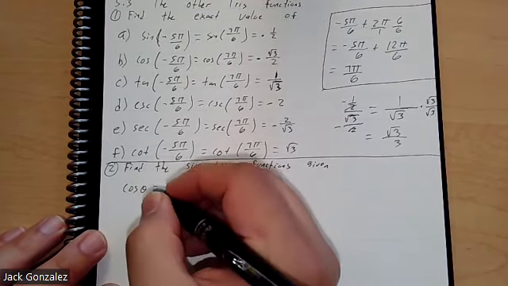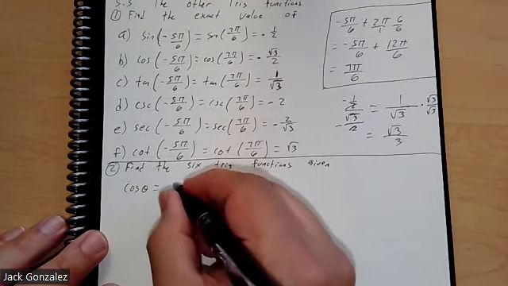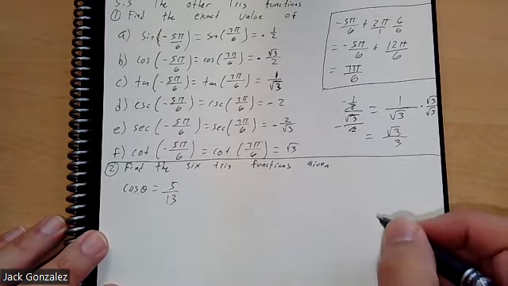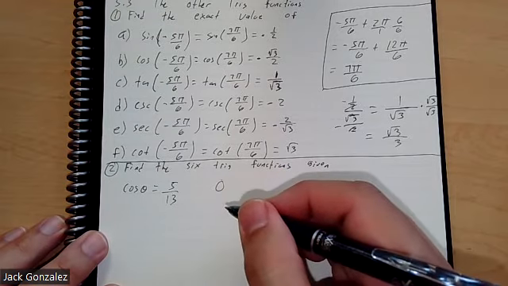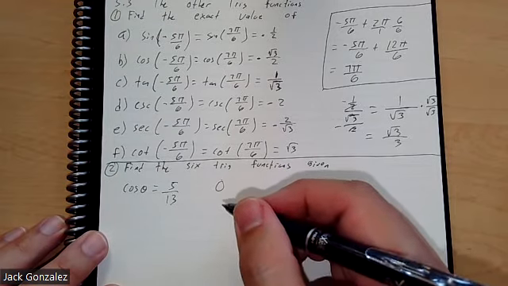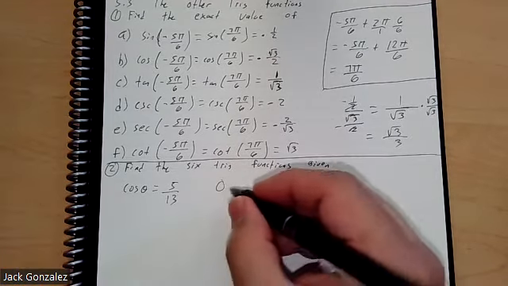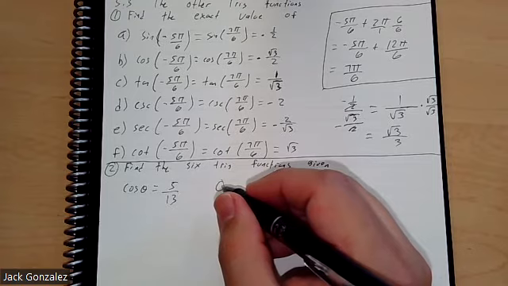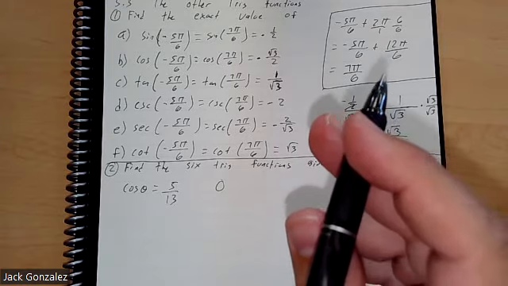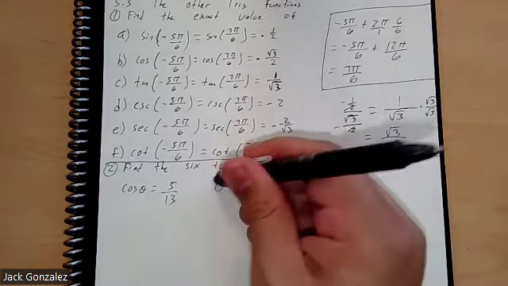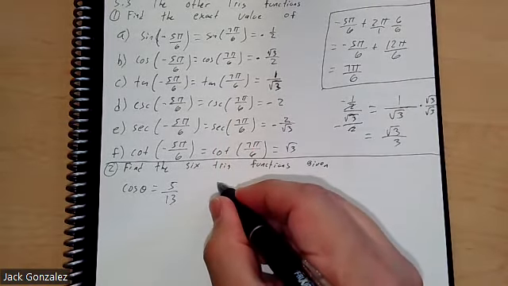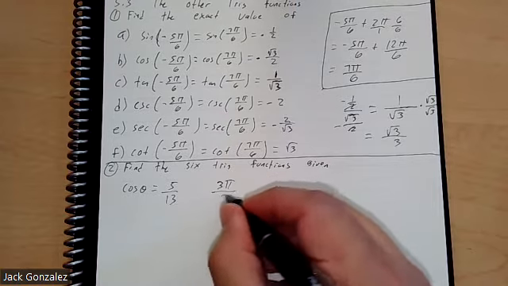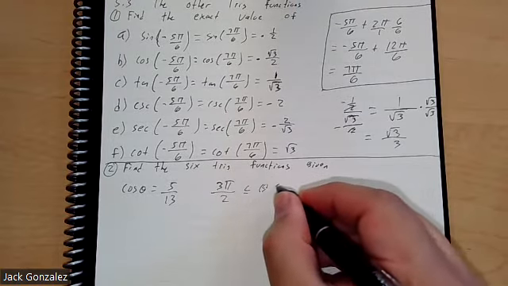Cosine theta is equal to 5 over 13. And theta is between 3 pi over 2 and 2 pi.